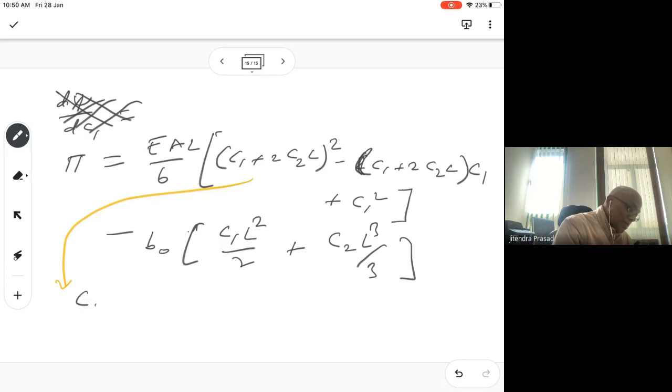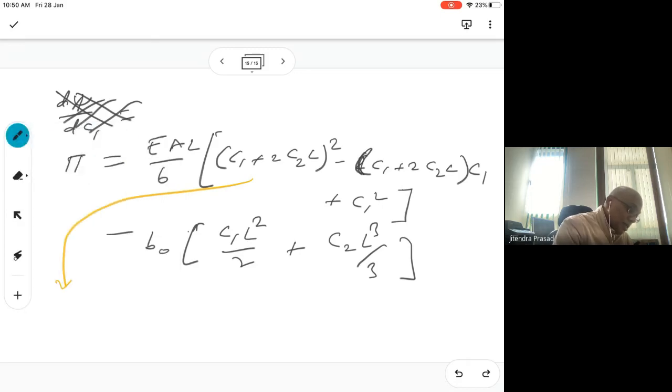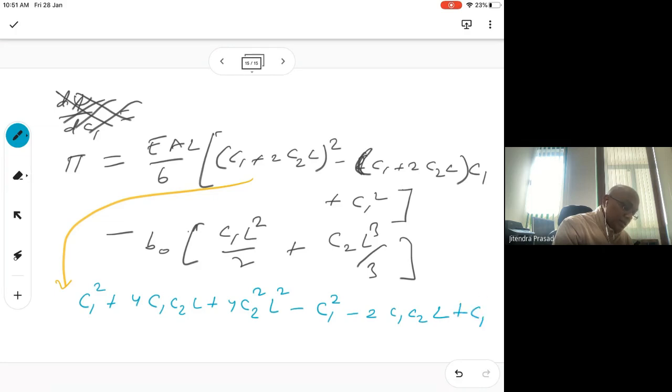Then we have C1 square plus 4 C1 C2L plus 4 C2 square L square minus C1 square minus 2 C1 C2L, right? And plus C1 square.